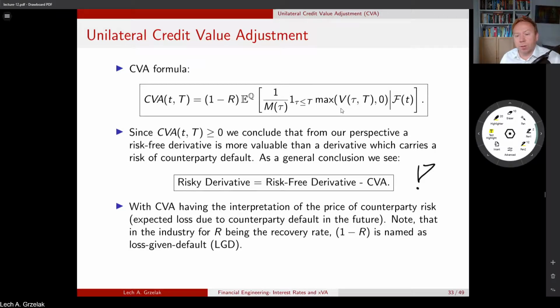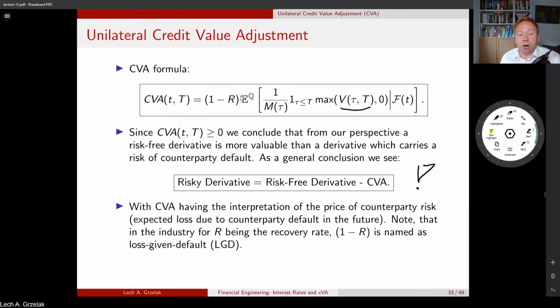So here we see, for example, first of all, we don't know when the default will take place, tau, because it can happen anywhere from t until capital T. This means we would have to calculate this exposure for every time from today until the maturity of the contract, and then adjust whether default took place or not, and then discount everything with the money savings account.